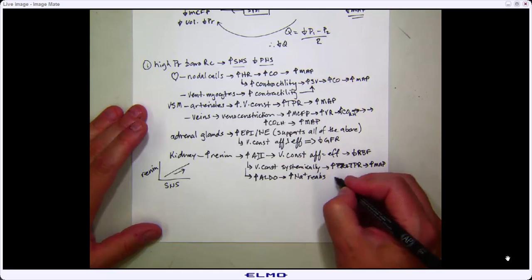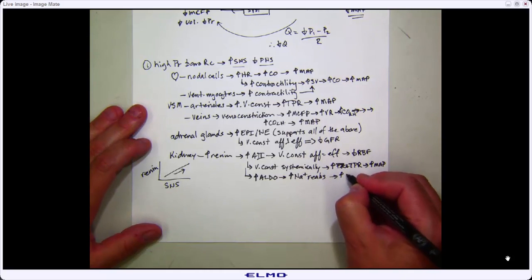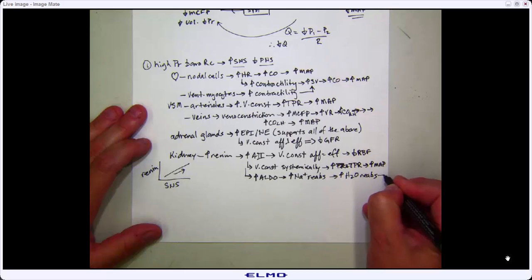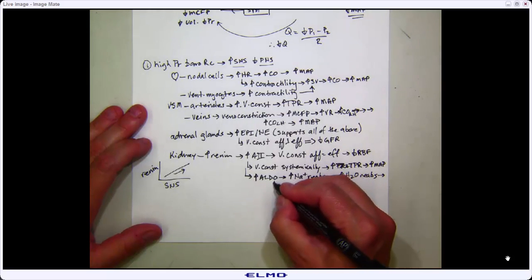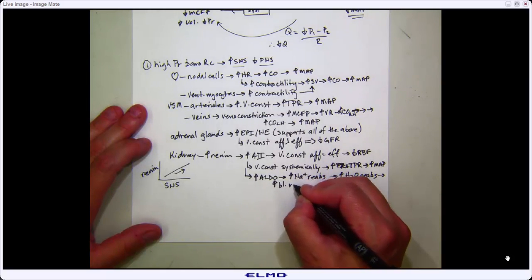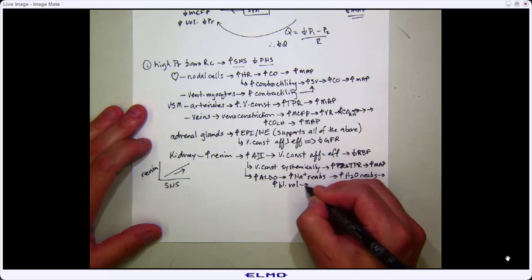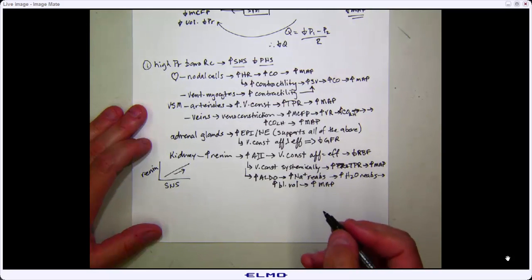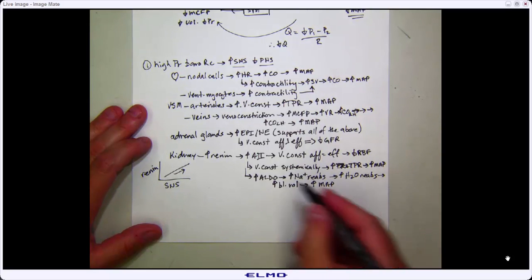And if I'm increasing sodium reabsorption, this is going to increase water reabsorption. And the hope here is that that is going to increase blood volume, which is going to increase mean arterial pressure. All working towards the same goal.